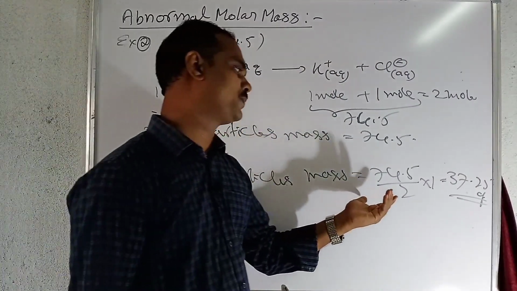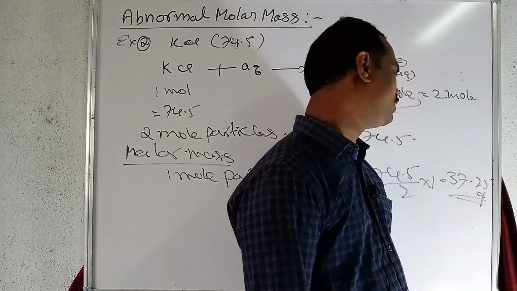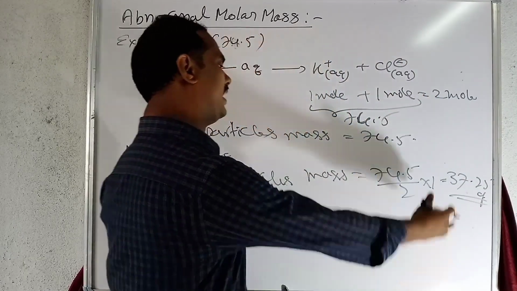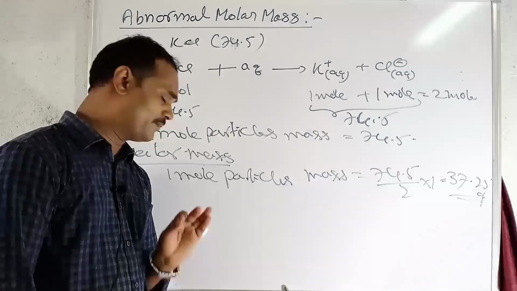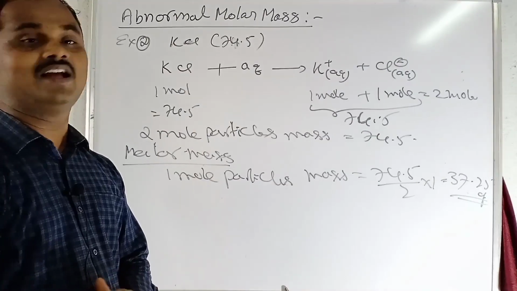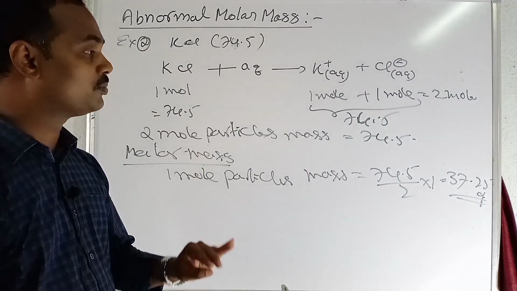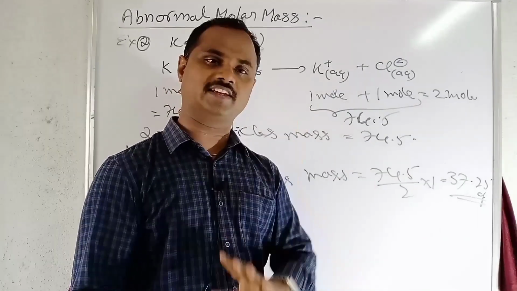Expected 74.5, but we got 37.25 grams. That's why we call this abnormal molecular mass. Simply remember, in the dissociation case, abnormal molecular mass is less as compared to expected molecular mass.